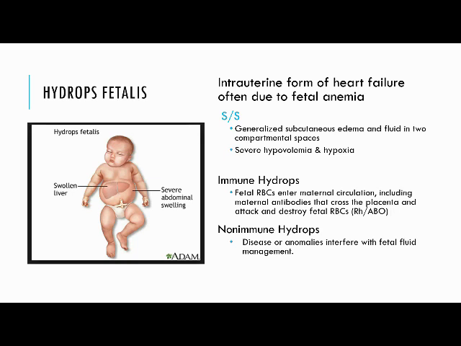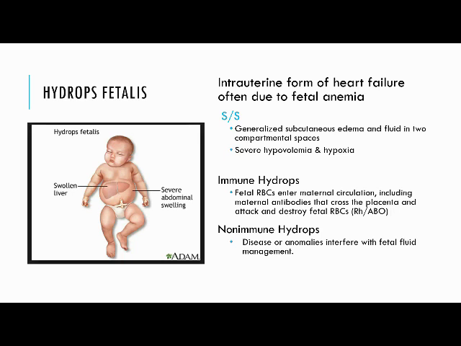So the other type is the non-immune hydrops, and this is because you just have some disease or anomalies, let's say cardiac anomalies or something along those lines, where you have just a poor cardiac output, and then you have bad blood flow to organs, and you have kind of an anemia that can interfere with growth and the way they manage fluids, and you have a generalized subcutaneous edema and fluid in two compartment spaces.